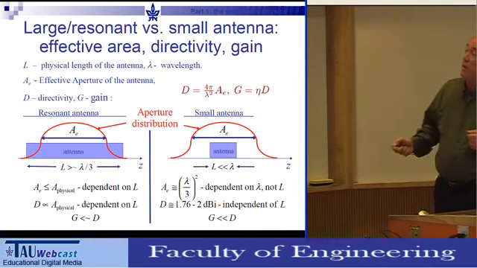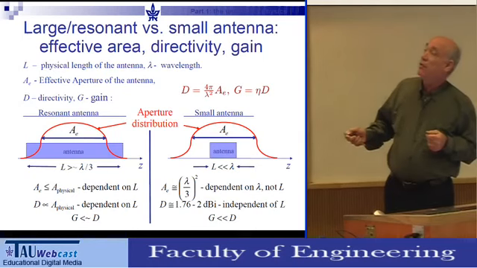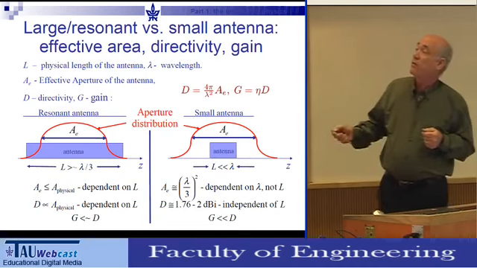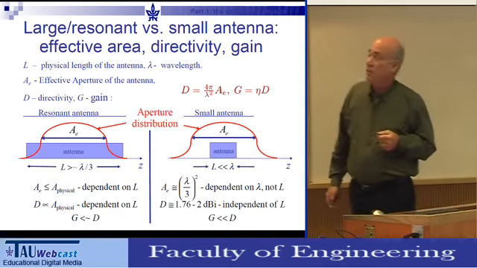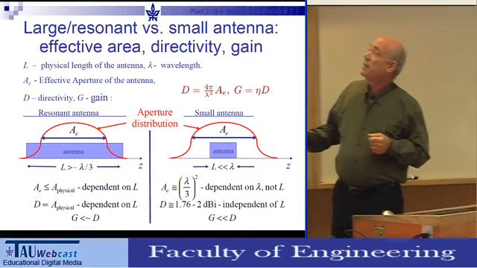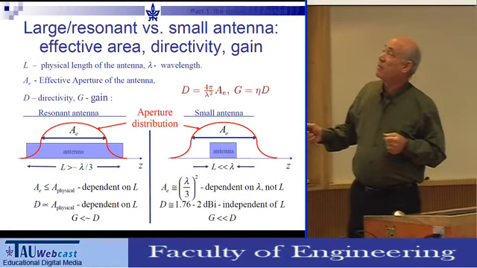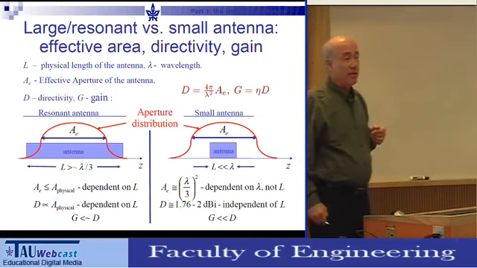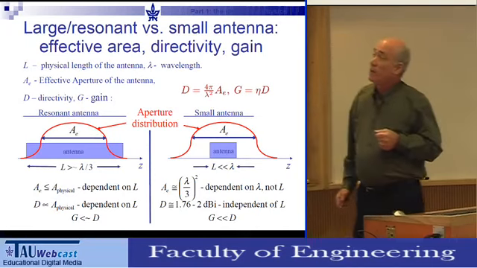So if you look at this aperture of the antenna, the effective aperture, we know the directivity and ultimately gain are directly related to it by this famous factor of 4 pi over lambda square. And then the gain and directivity are almost the same, except there is a very important efficiency factor in between them.